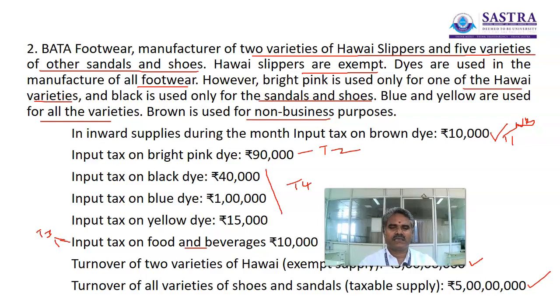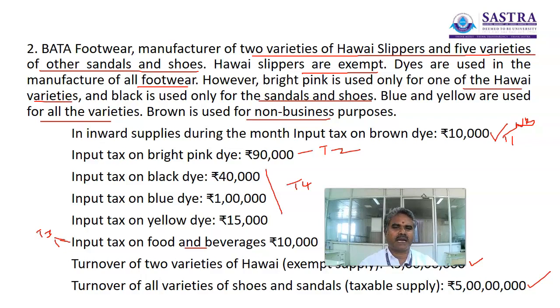So here you read the problem carefully and understand. It's a footwear company, manufacturer of 2 varieties of Hawaii slippers and 5 varieties of other sandals and shoes. Hawaii slippers are exempt. Dyes are used in the manufacturing of all footwear.